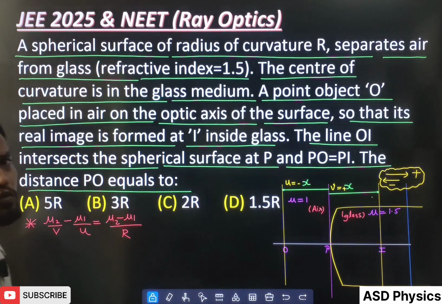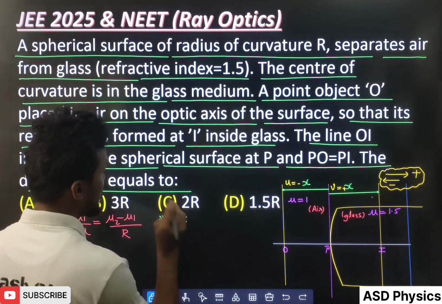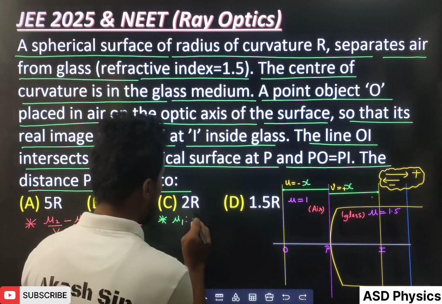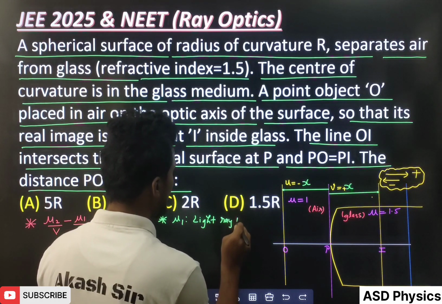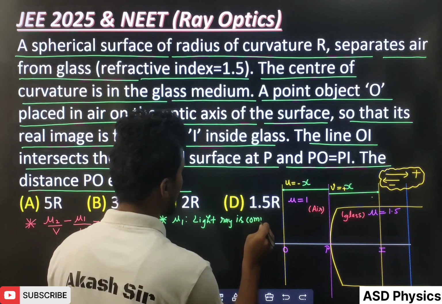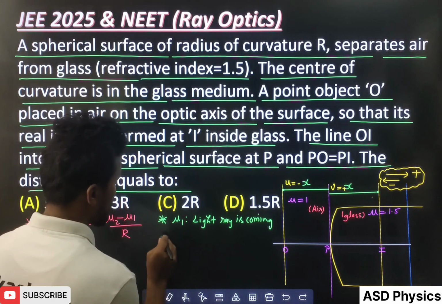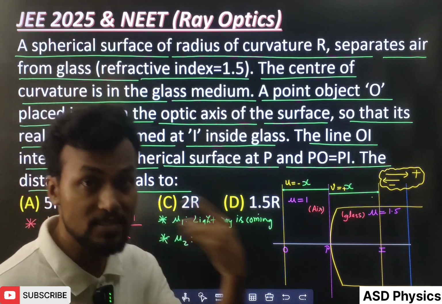But what are mu1 and mu2? Mu1 is the medium from which the light ray is coming, that means the object side. Mu2 is the medium in which the light ray is going.